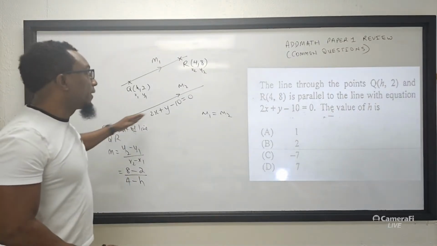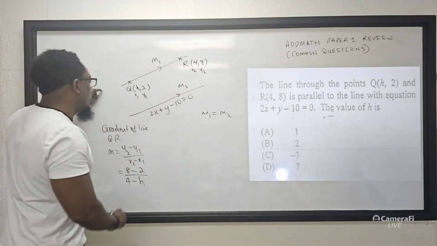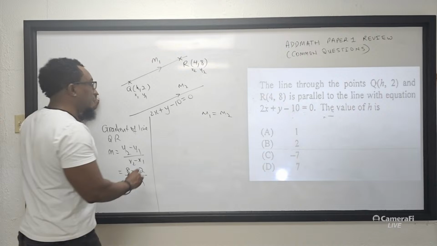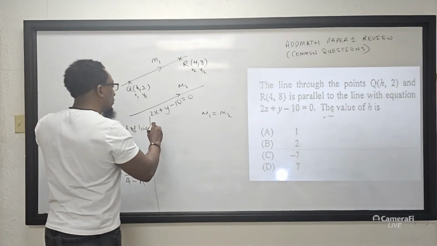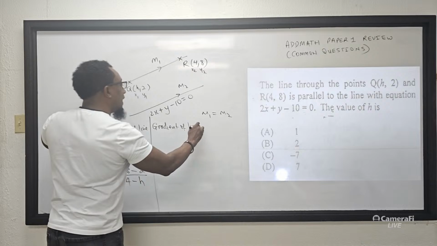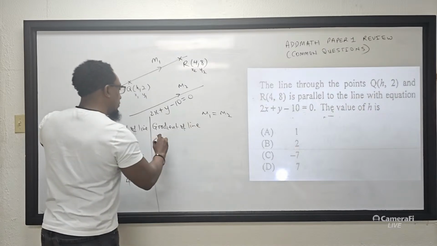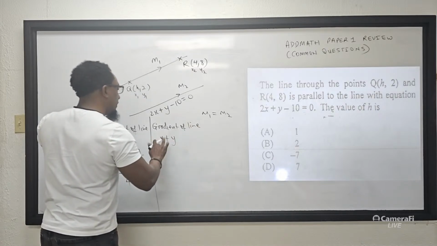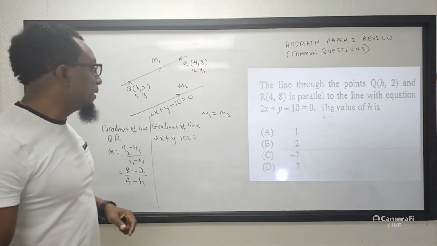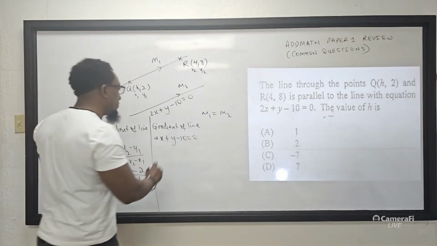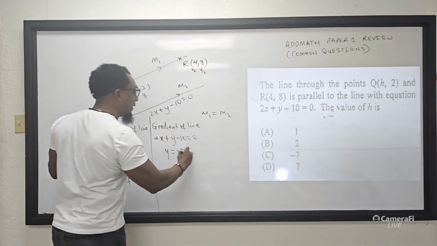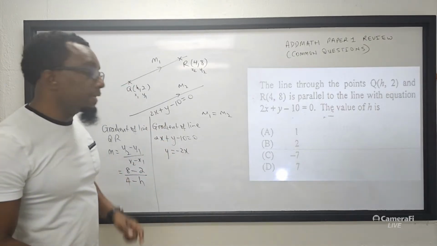And let me find the gradient of this line whose equation is 2x plus y minus 10 is equal to 0. So let me make y the subject. So y is equal to positive 2x comes across to the right as negative 2x.